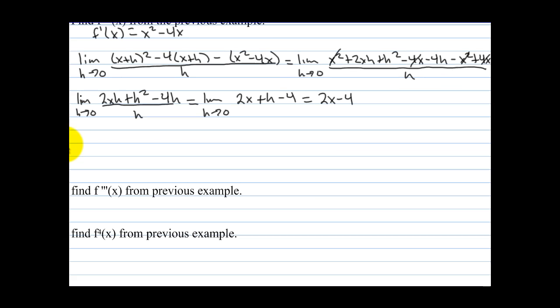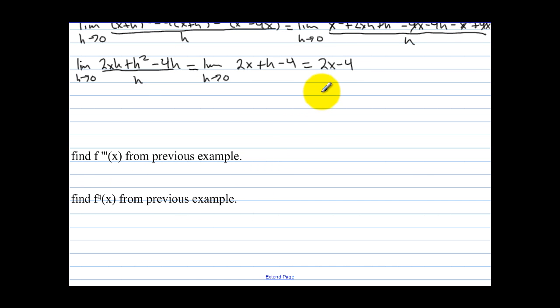Now we're going to have to do this 2 more times, but you can see that the function is getting smaller and smaller. To find the third derivative, we use the second derivative. So the second derivative ends up being 2x minus 4. So now we have the limit as h approaches 0 of 2 times x plus h minus 4.